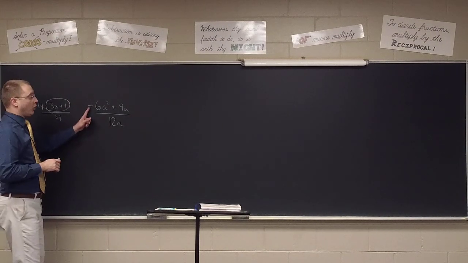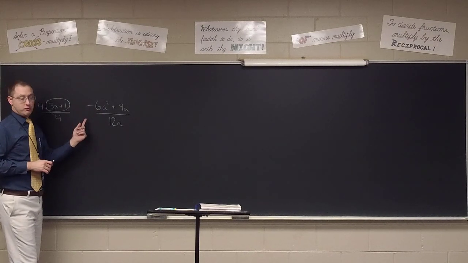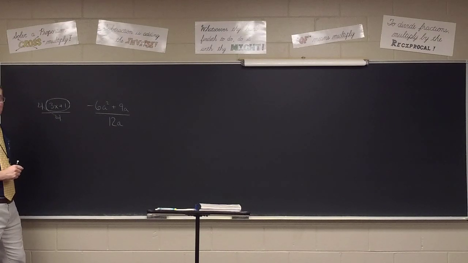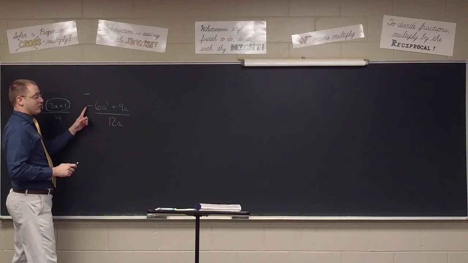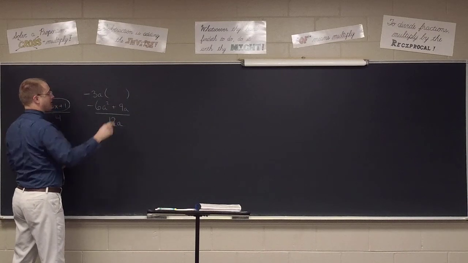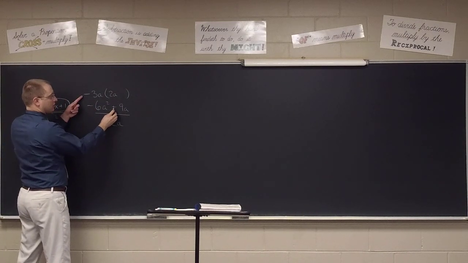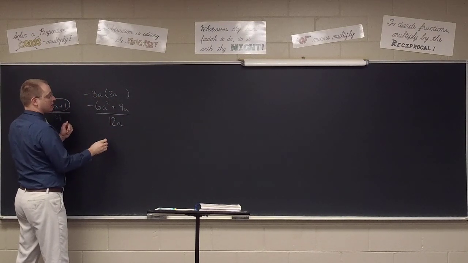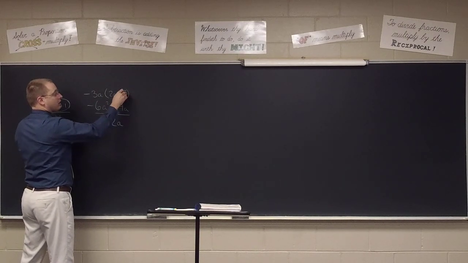Well, does this apply to the whole numerator or just to the 6a squared? If it applied to the whole numerator, I could move it to the front. So I've got two options here. I would factor out not just a negative a, there's more than that, a negative 3a, to leave you with 2a plus negative 3.